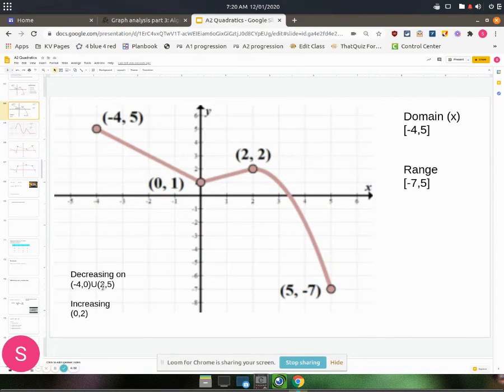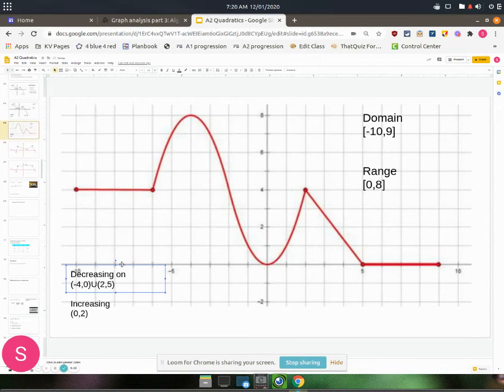And then let me go ahead and copy this part. As far as turning points go, not right here. This is a kind of tricky one. So this is actually not a turning point at -6 because it's not going from decreasing to increasing or, like this one, increasing to decreasing.